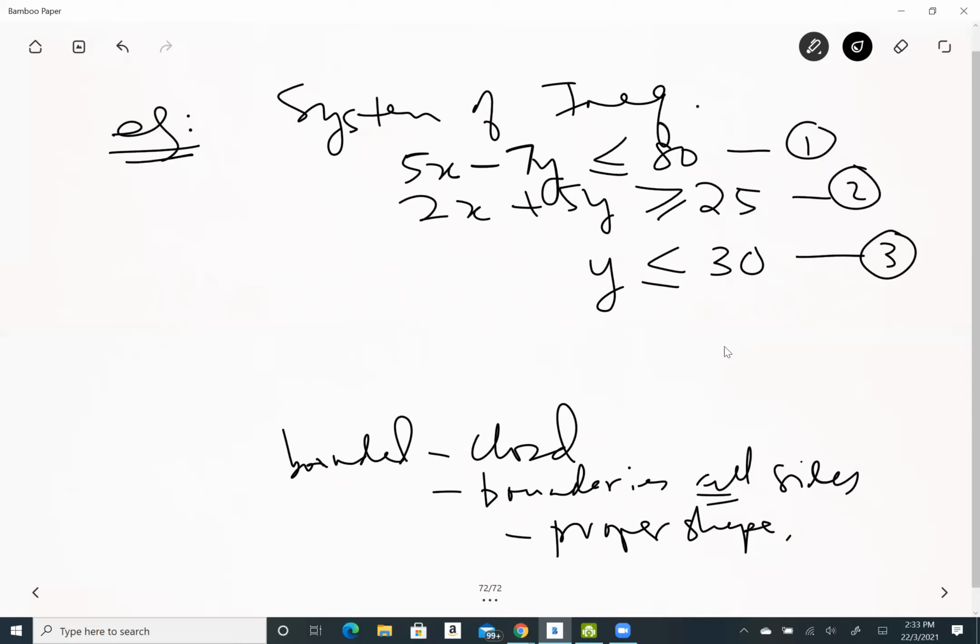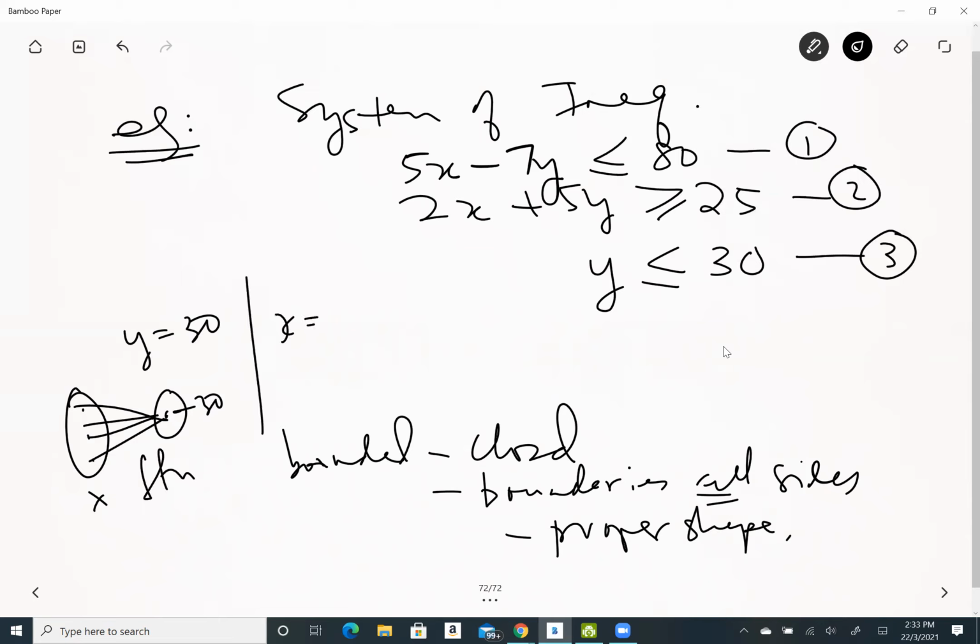So here y equal to 30. That means all the x will map to 30. So everything maps to 30, so it is a function. On the other hand, if I have x equal to 30, what is the line? Vertical.